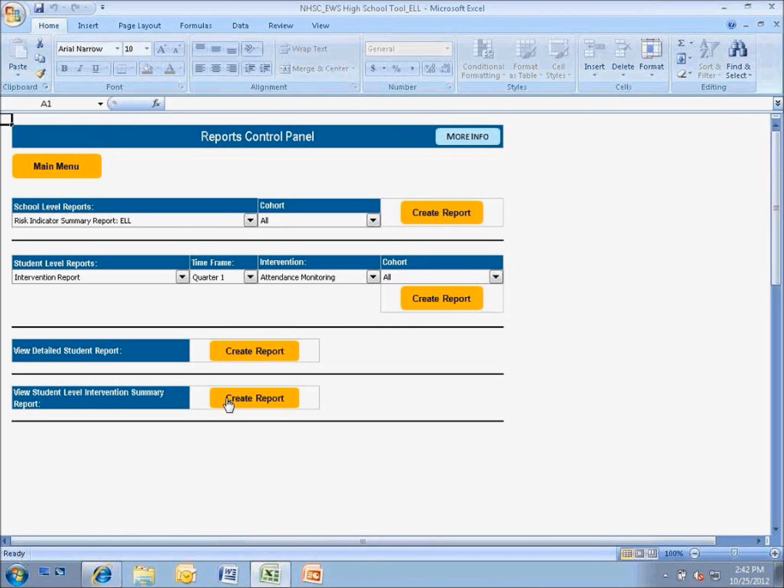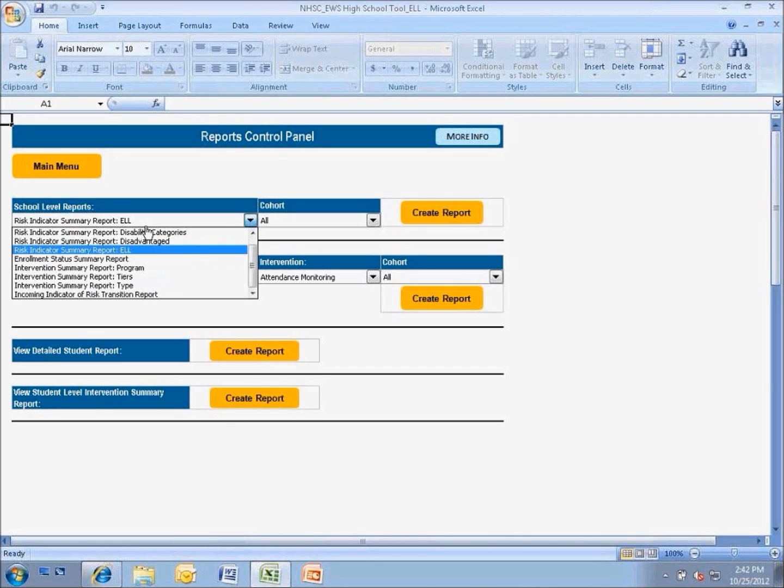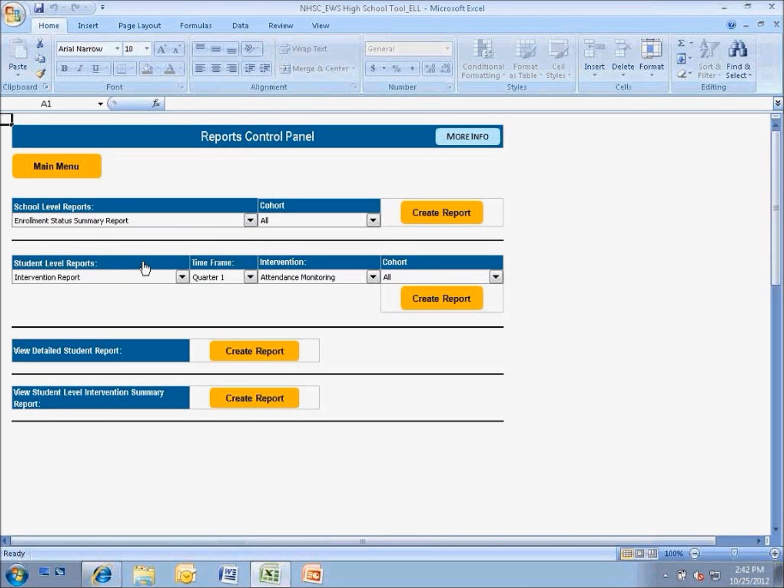And then the final step, 7th step of the process, is to evaluate and refine the entire EWIMS process. And a report that really helps you do that back up at the school level is the enrollment status summary report.